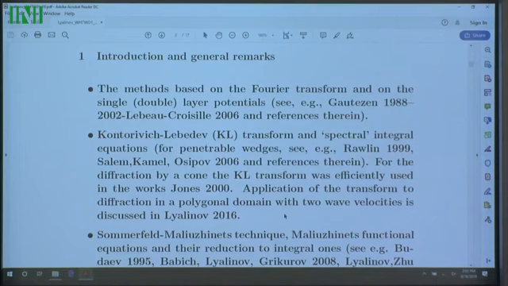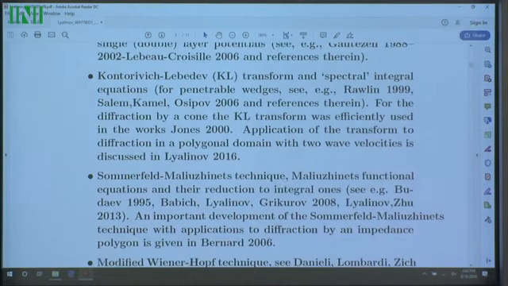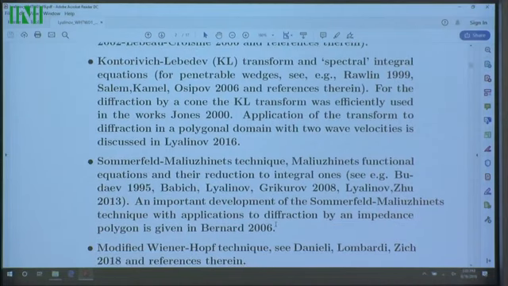The third technique is, of course, very famous and widely applied Sommerfeld-Malyuzhinets technique, and the corresponding Malyuzhinets functional equations that traditionally appear in this technique. After that, if you can't solve these equations explicitly, which means in quadratures, then you can reduce them to some integral equations.